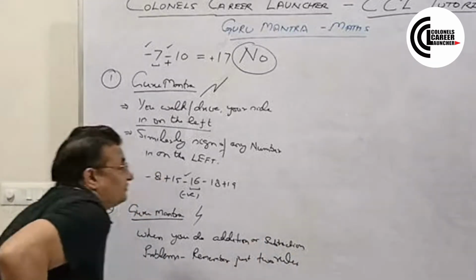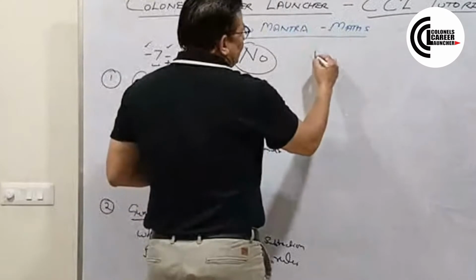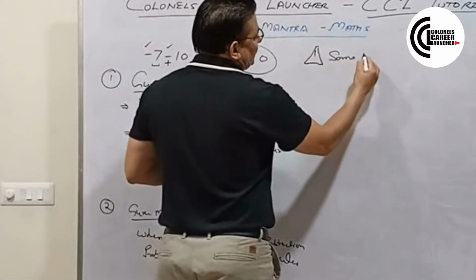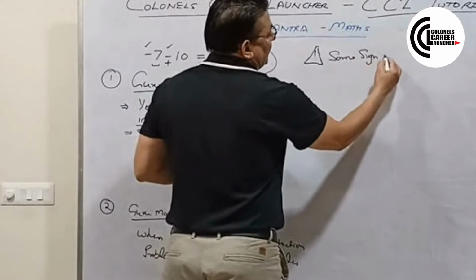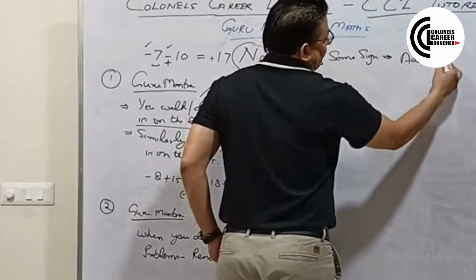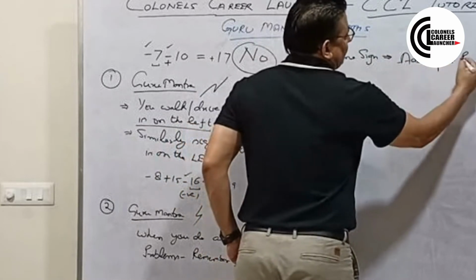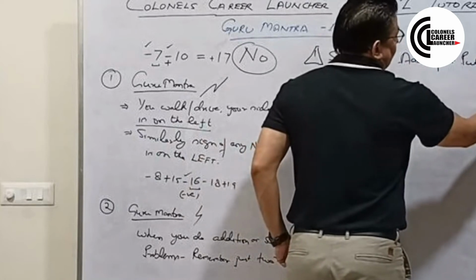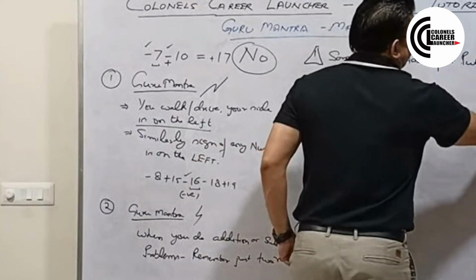What are these rules? Let's see. First rule is, same sign numbers, or same signs, means add up and put the common sign. Add up and put the common sign.